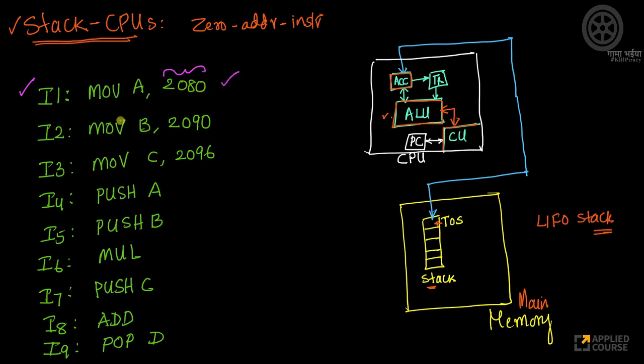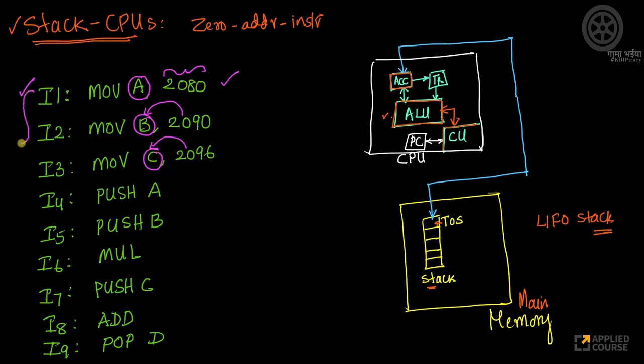Similarly, you will have an instruction wherein we copy from address 2090 to register B, and similarly from address 2096 to register C.